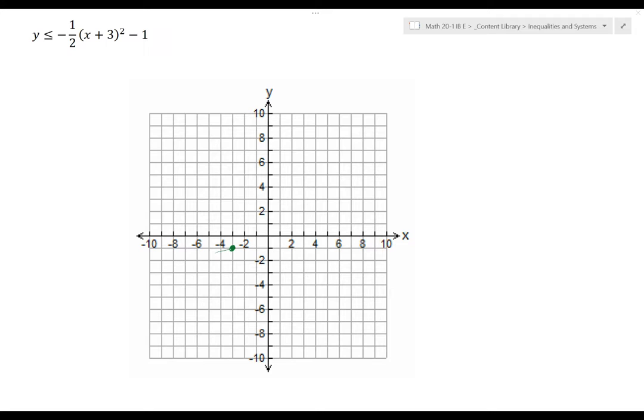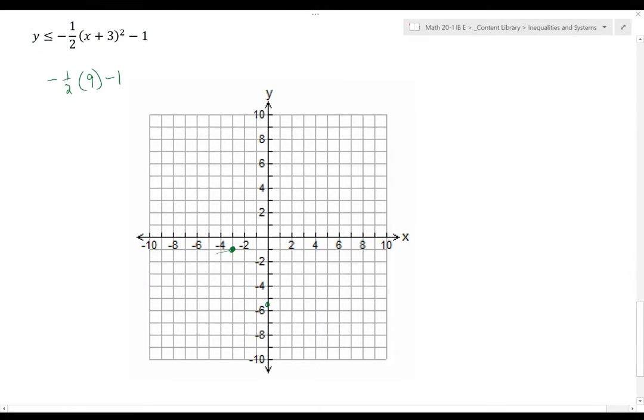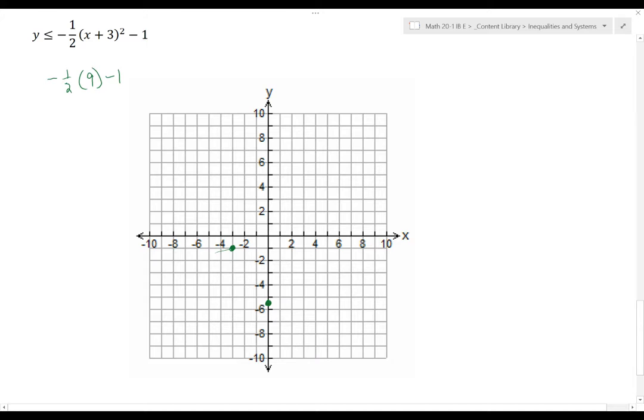So the y-intercept is where x equals 0, so I've got -1/2 times 3 squared, so times 9, minus 1. So -9/2 minus 1, sorry, is -11/2. So we've got a y-intercept right there. And because of symmetry, I'll have that same point over on the other side of the vertex.